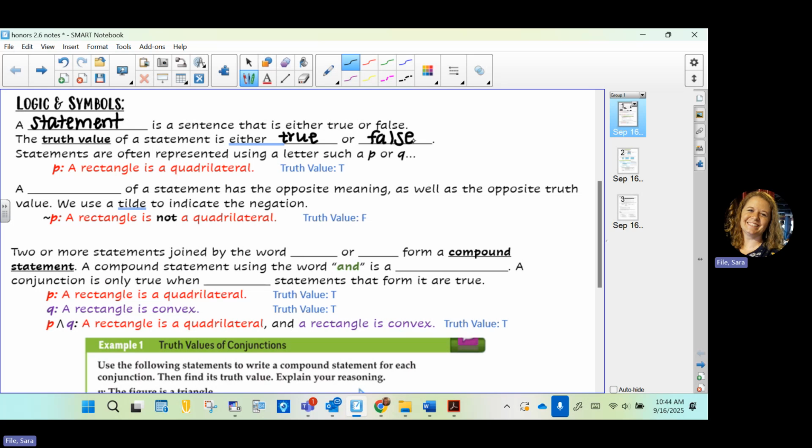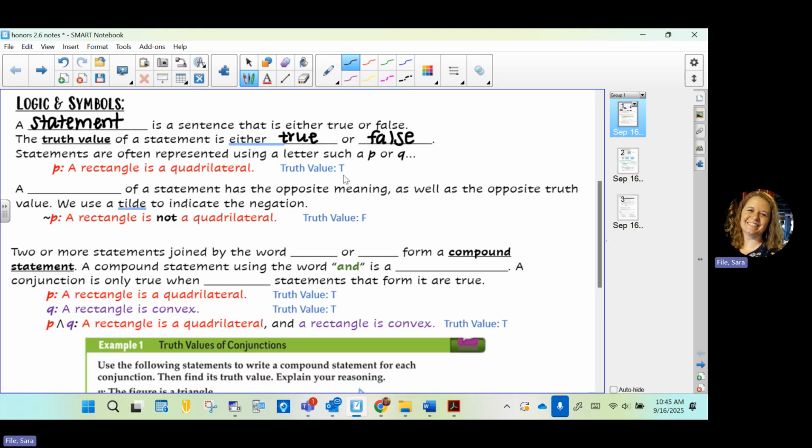We often represent statements using a letter, most often P and Q, but sometimes we'll have more than two statements, so then we'll get into R or other letters. For example, if statement P is a rectangle is a quadrilateral, the truth value is true. That is a true statement.